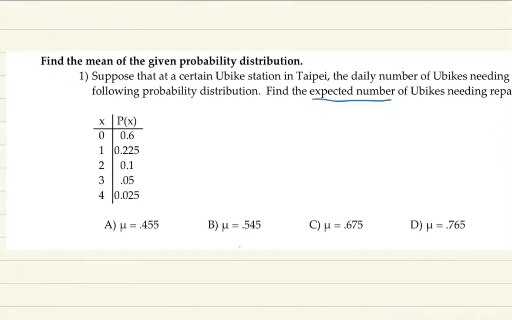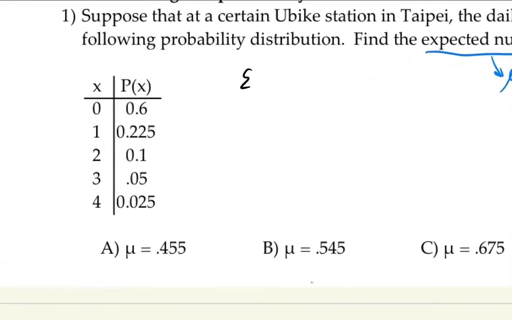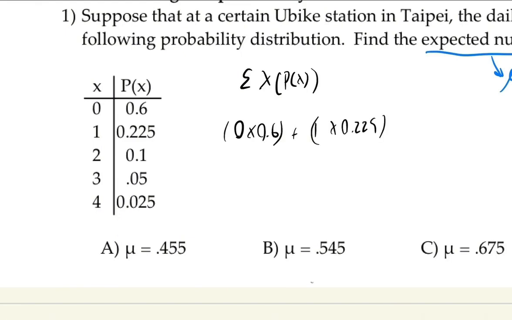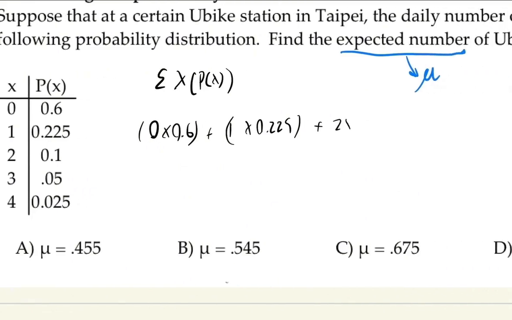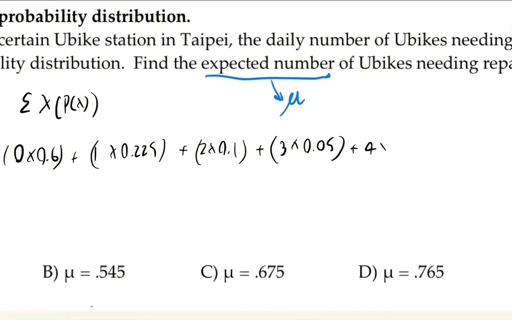The expected number is also the mean, so sigma x times p of x is 0 times 0.6 plus 1 times 0.225 plus 2 times 0.1 plus 3 times 0.05 plus 4 times 0.025.